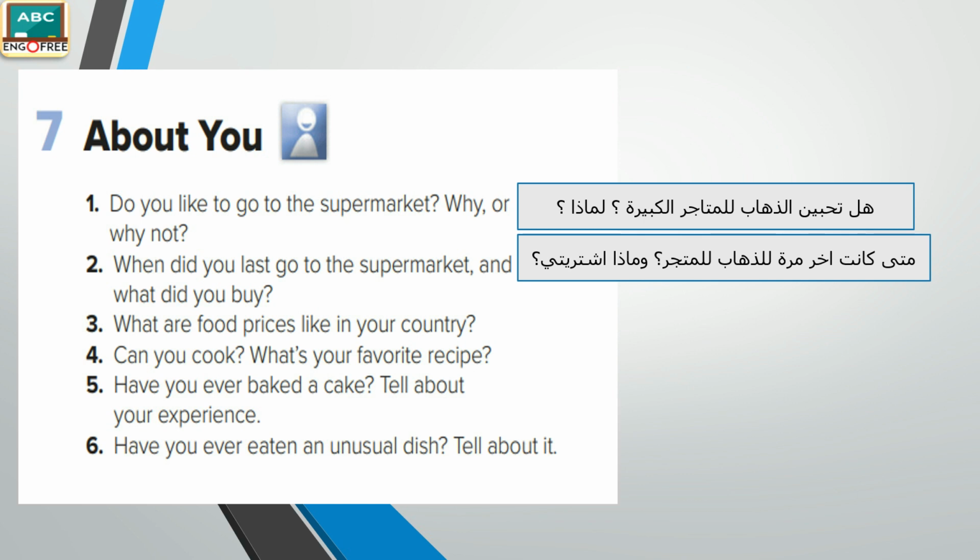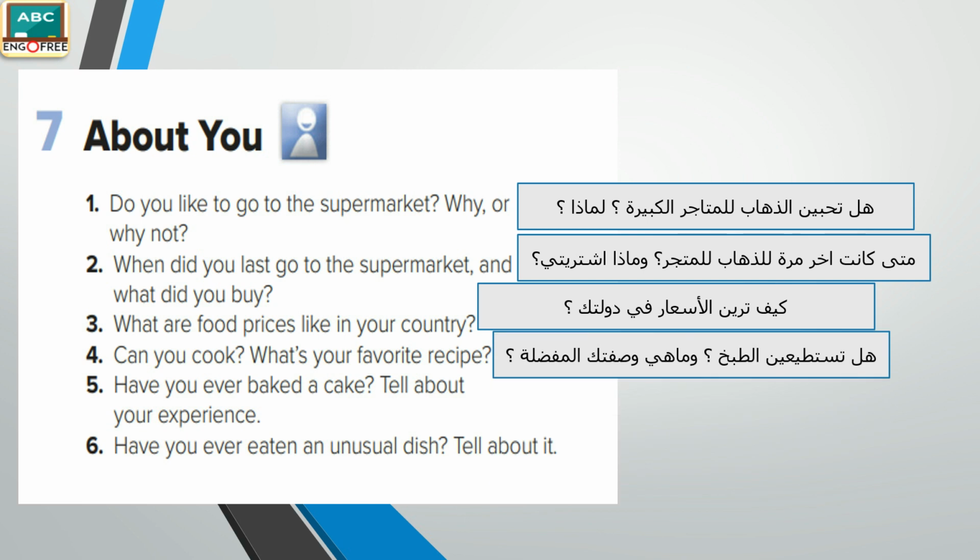What are food prices like in your country? Number 4. Can you cook? What's your favorite recipe? Number 5. Have you ever baked a cake? Tell about your experience. Number 6. Have you ever eaten an unusual dish? Tell about it.